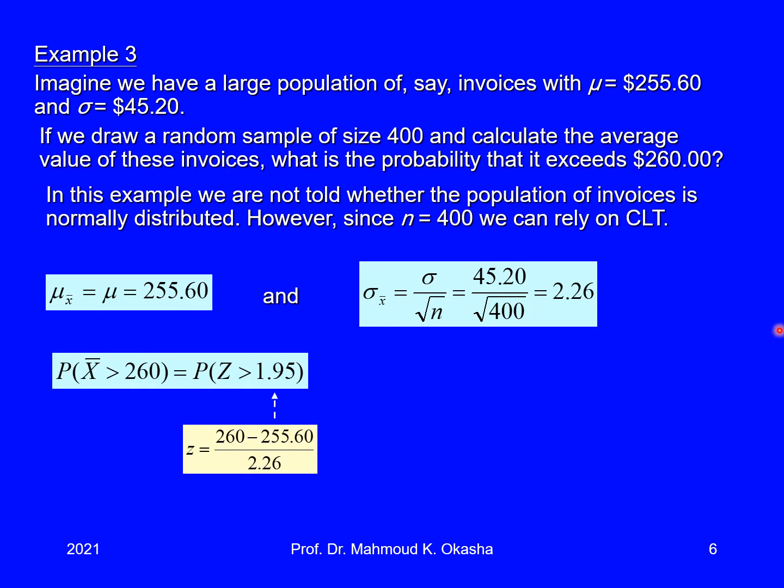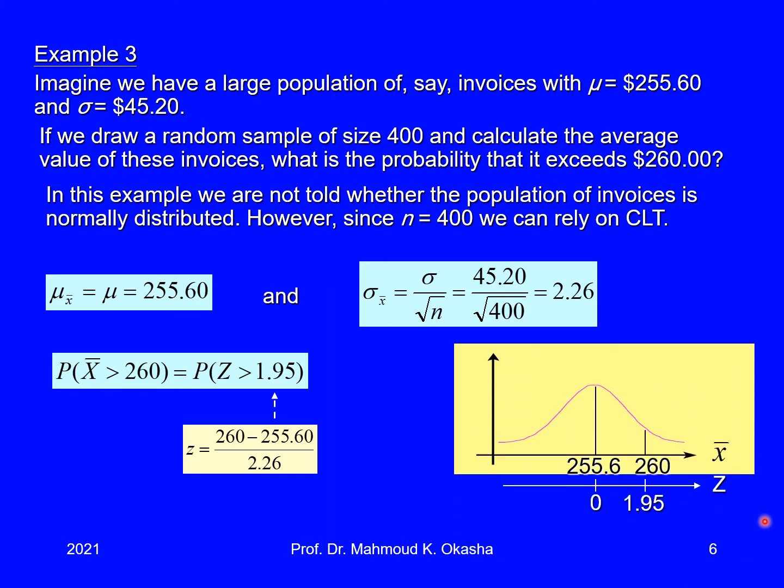Then we want the probability that the sample mean is greater than 260, and this is P of X bar greater than 260 equals, we transfer it to Z, we subtract from 260 255.6 and divide by 2.26. So we get this.